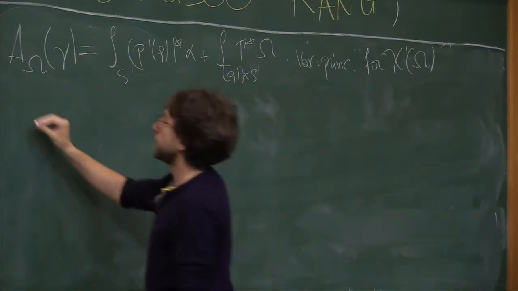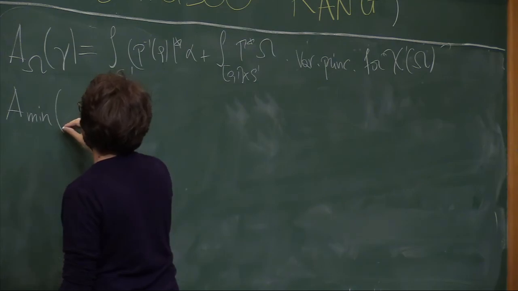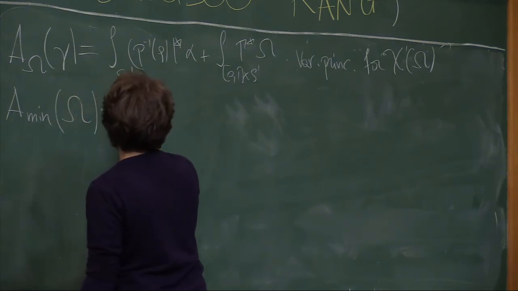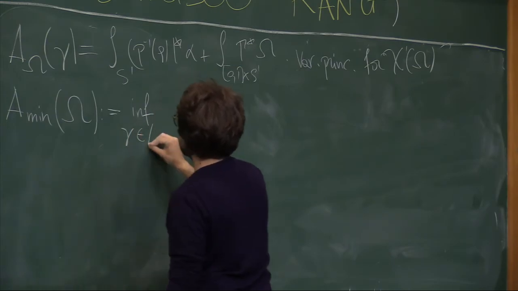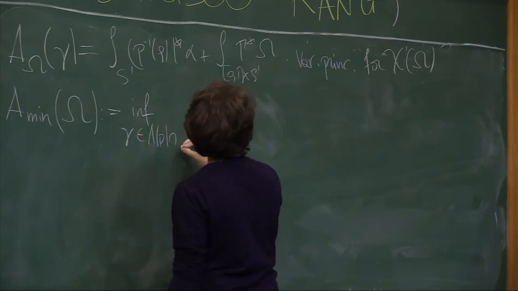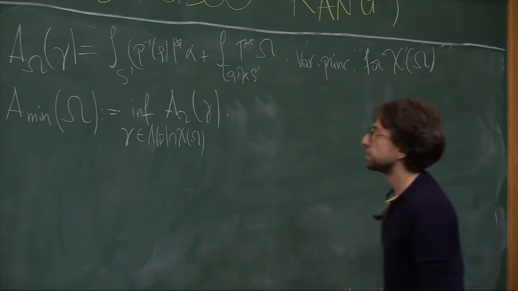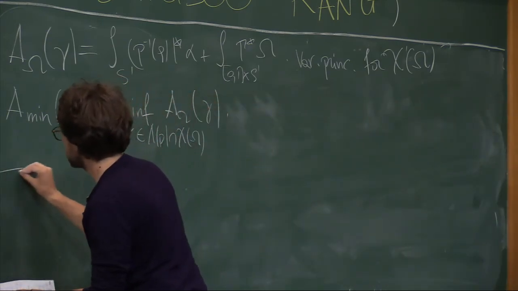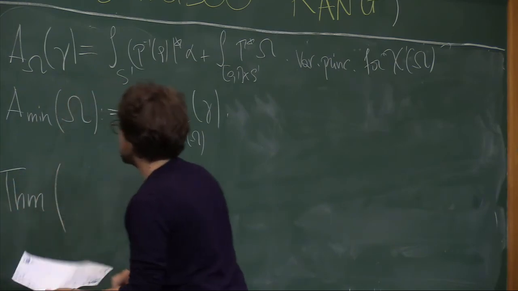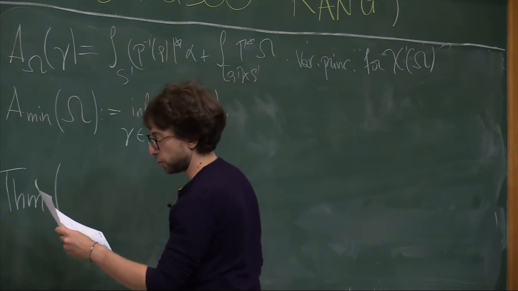And then, as before, I can define the minimal action of omega as the infimum among the gammas in lambda p intersected with the characteristics of omega of A of omega gamma. And then what we can get in this context is a relation between this action and the volume when omega is a Zoll form.